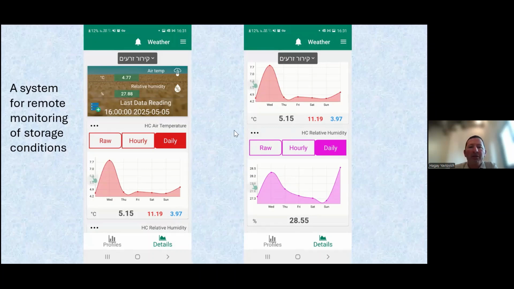And if there is any problem, the system will send me an alarm that the temperature is too high or the humidity is too high, and then I know that there is a problem in the refrigerator room. So there will not be any case that I will not check the refrigerator room for too long, and there will be any problem.